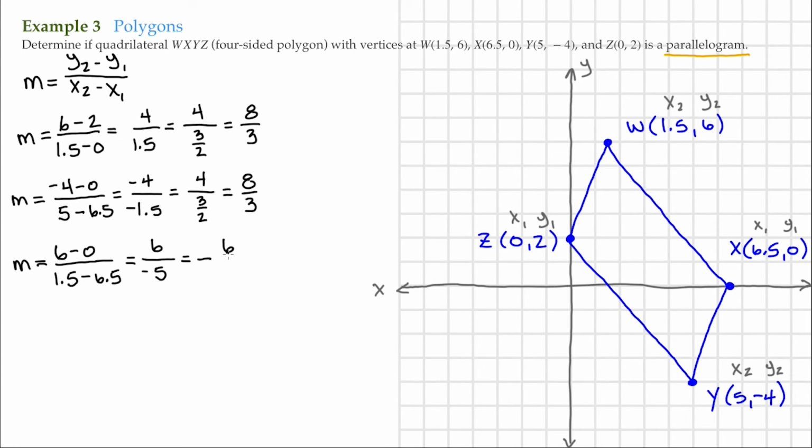So it has a slope of -6/5. So that is the slope for this segment here.